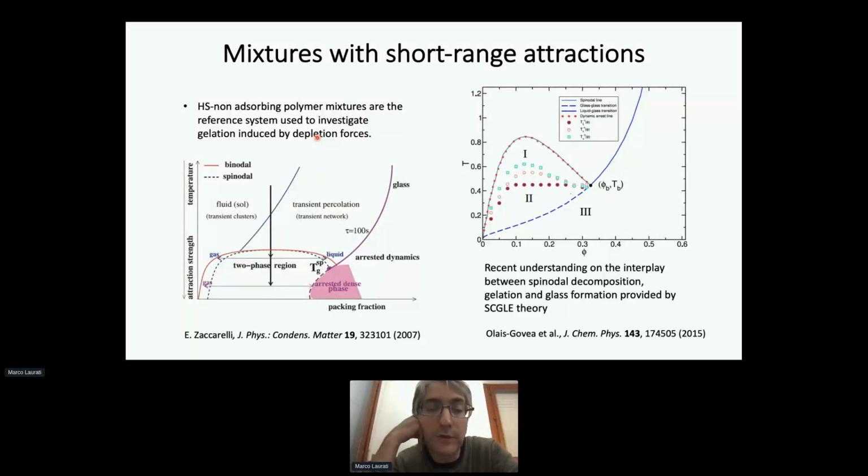And a lot of investigations have been done on this system, indicating the importance of arrested phase separation for explaining the gelation mechanism, at least up to certain colloidal volume fractions, and for example, very important contributions to the understanding of gelation in the attractive systems and the interplay with indeed phase separation and also glass formation were provided again by the group of Magdaleno in the last years.